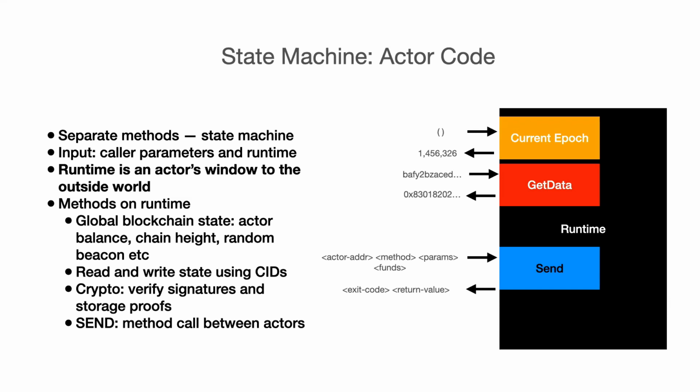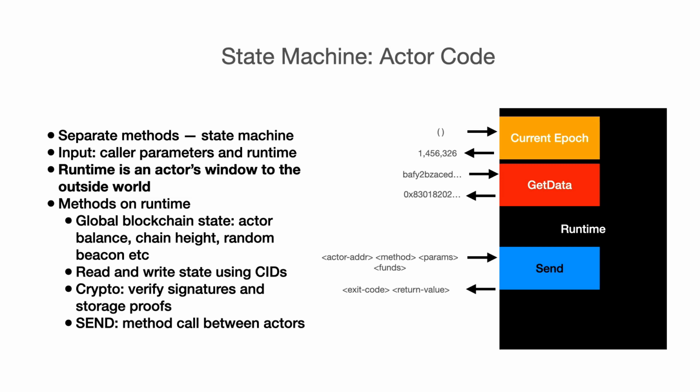From the perspective of an actor, it has code which is separated into a bunch of different methods in a classic state machine style. Thinking about it from a high level, actor code is a pretty simple paradigm.